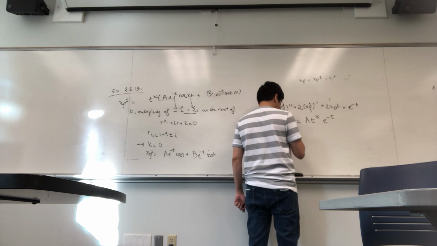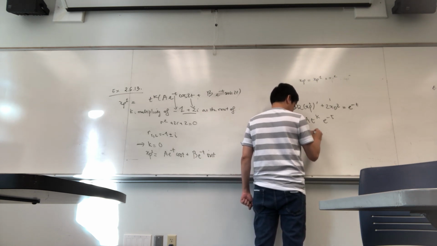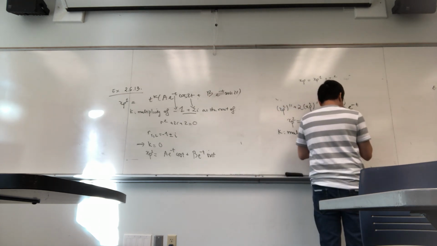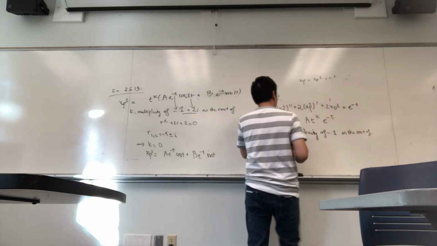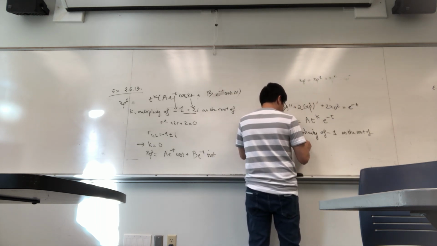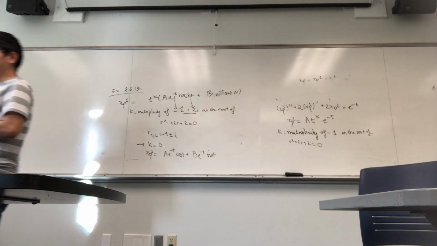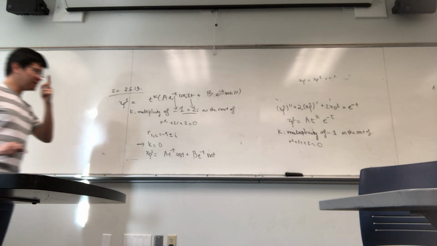So k is the multiplicity of minus 1 as the root of r squared plus 2r plus 2 is 0. Right? And what is k? 0.